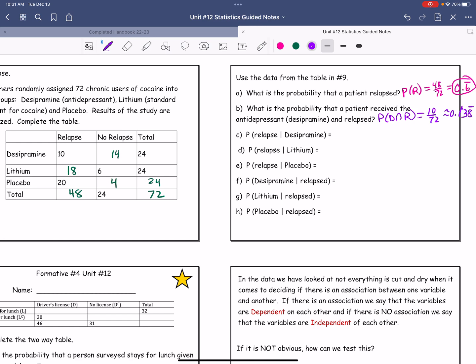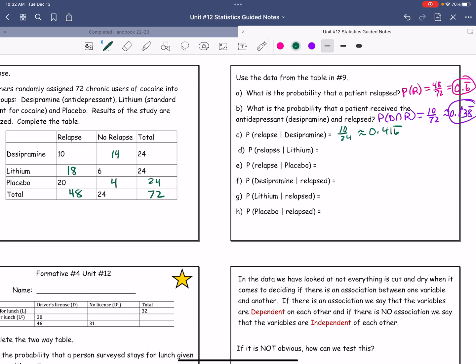Or 0.138 repeating. Probability relapsed given the antidepressant. So we've got and, where both are occurring, 10, out of the probability of the antidepressant, which is 24 total, which is about 0.416.